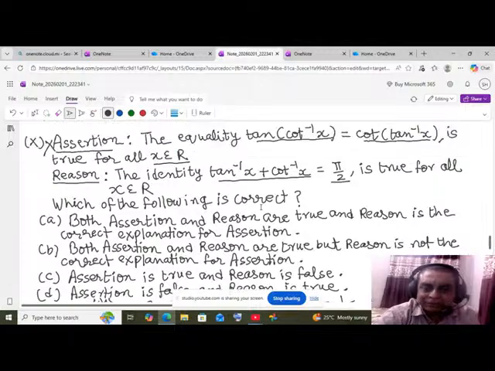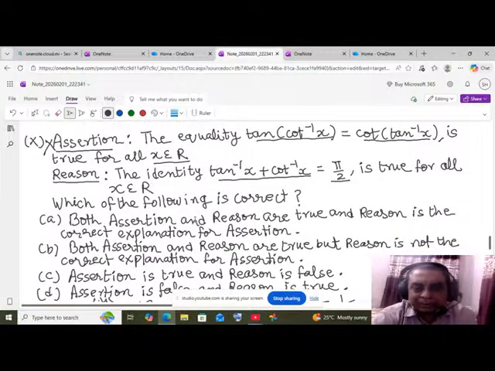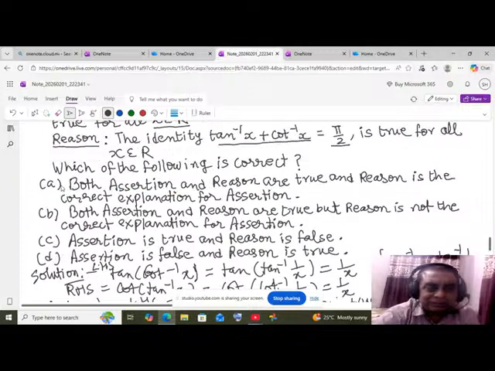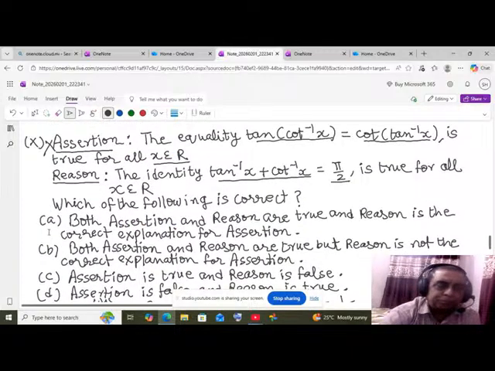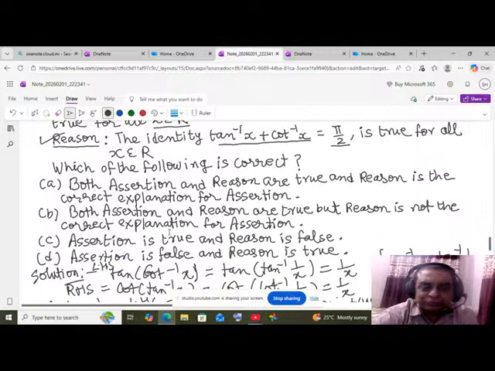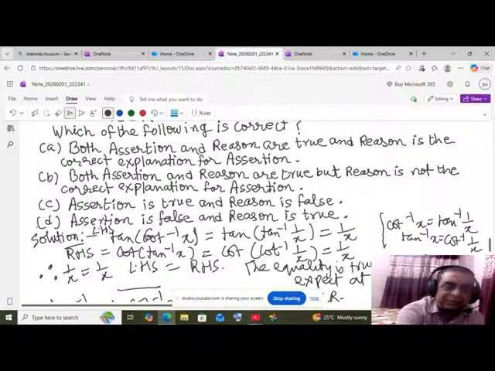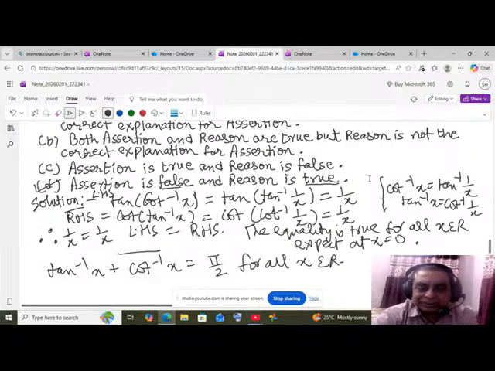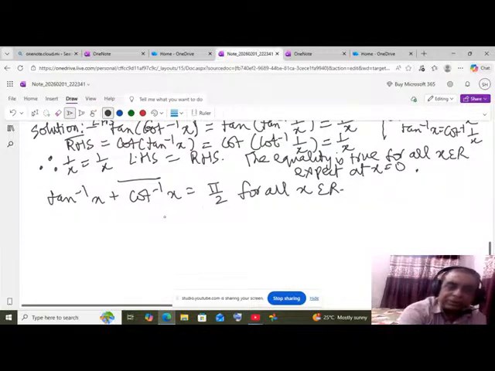This is true. So the reason is true, but the assertion is false. Which one will be the correct choice? The correct choice is D: assertion is false, but the reason is true.